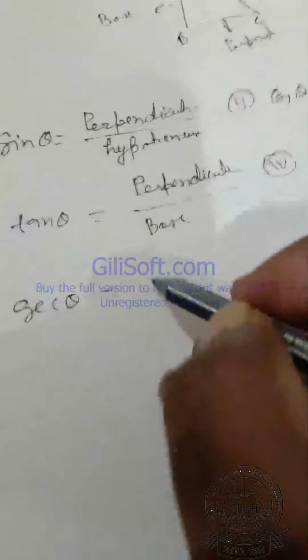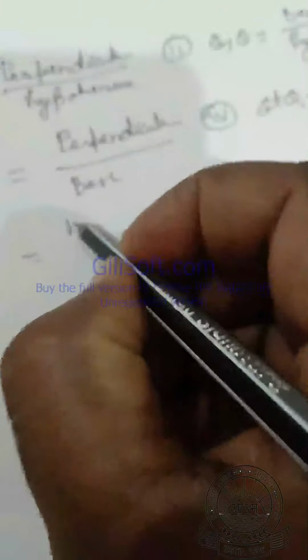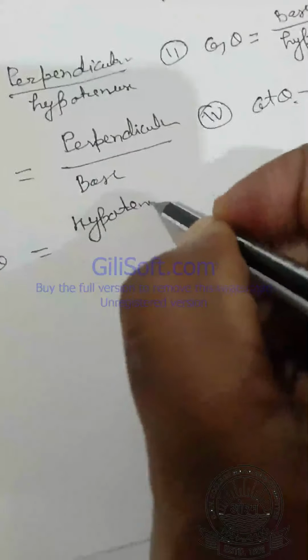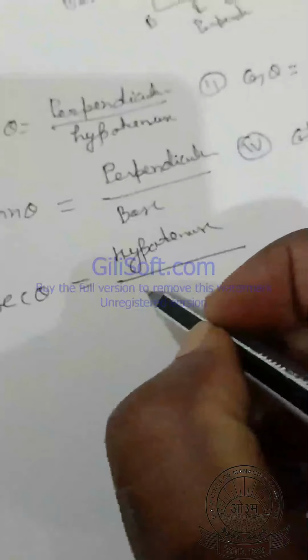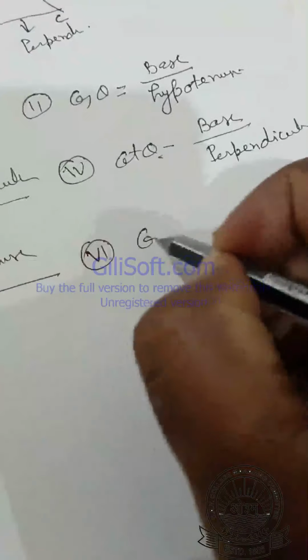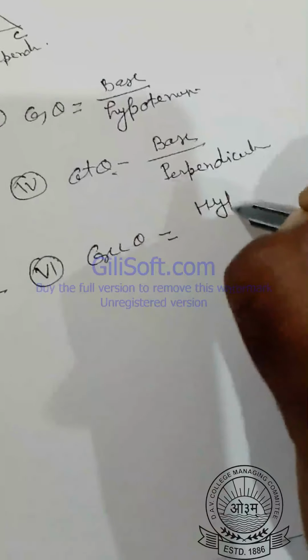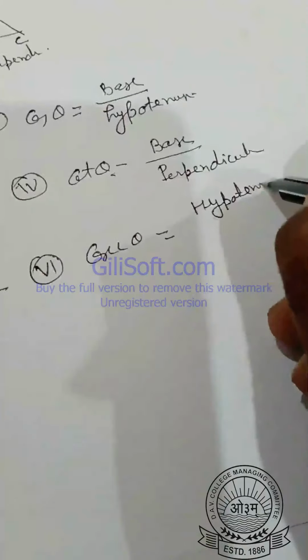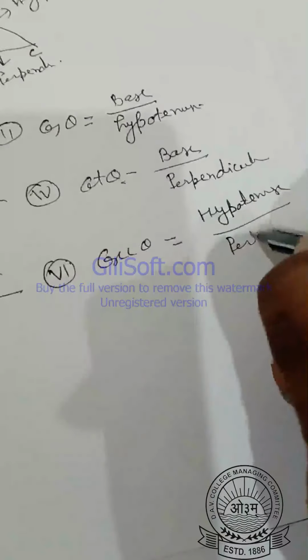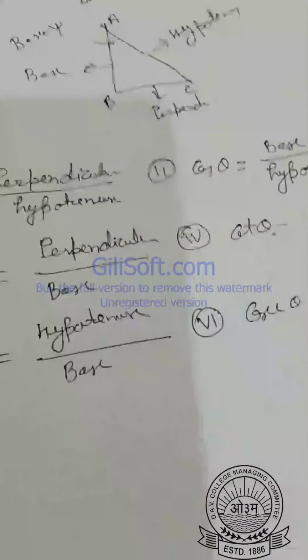Sec theta means it is just opposite to cos theta, so you can write hypotenuse by base. Next and last, this is cosec theta. Cosec theta means it is just opposite to sin theta, so you can write here hypotenuse by perpendicular. Okay, this is the total 6 ratios.